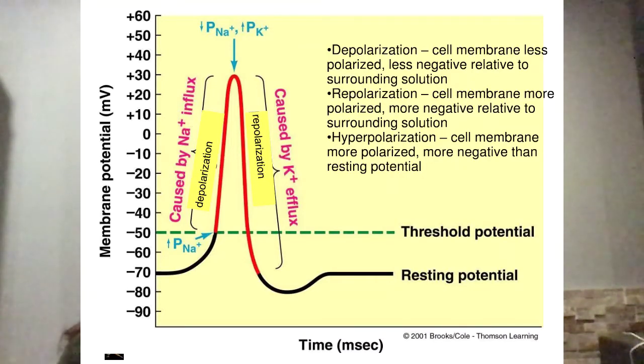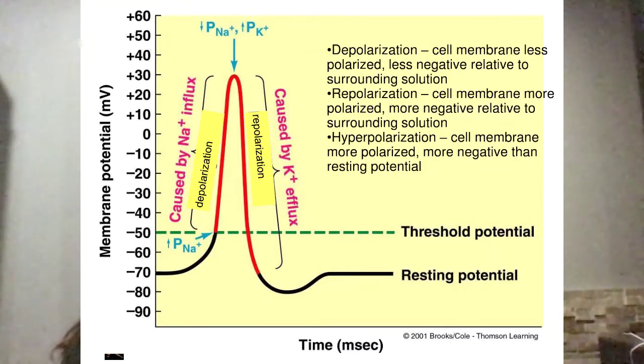So once we hit threshold, a bunch of these sodium channels open, and sodium comes flowing into the cell. And as it flows in, that increase in positive ions causes the membrane potential to go to -40, -30, keep going on and on until we even get positive inside of the cell.